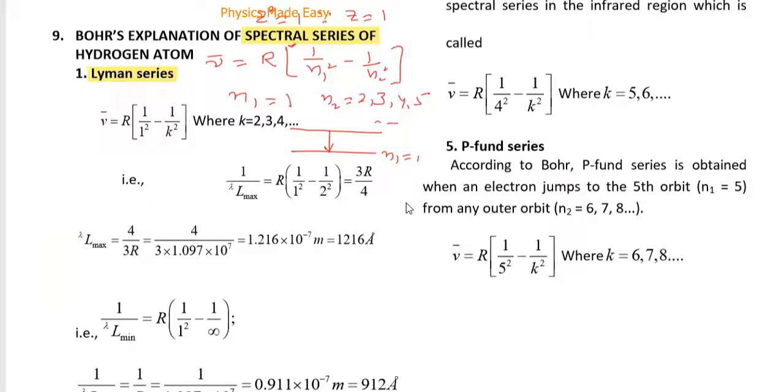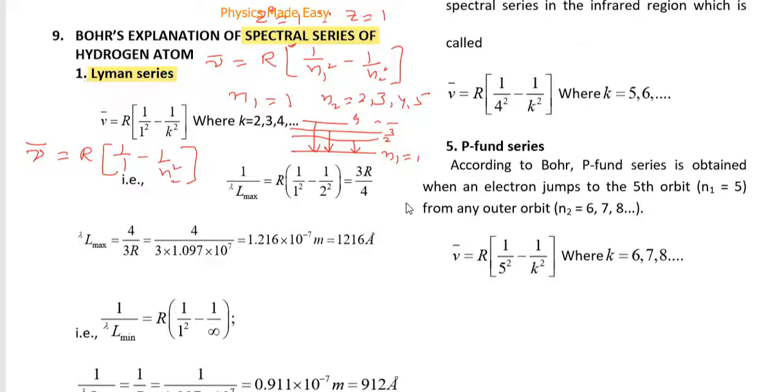If I make one more level here, this may be n is equal to 2, this is n is equal to 3. On the same lines, we can have some other levels, n is equal to 4. So in this way, Lyman series is formed. Now I will put n1 is equal to 1 and n2 can have any value. So I can write nu bar is equal to R into 1 divided by 1 minus 1 over n2 square. Now n2 can have any value.